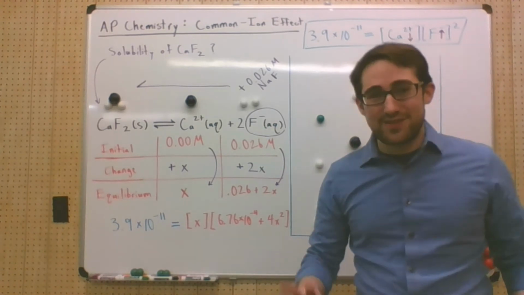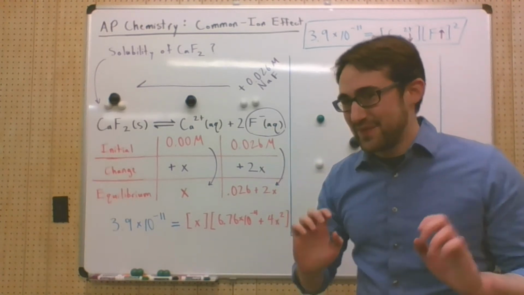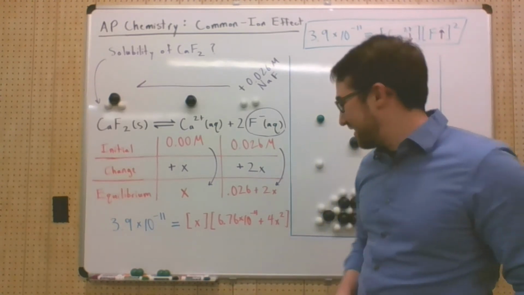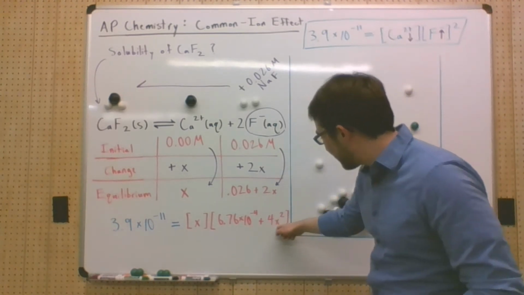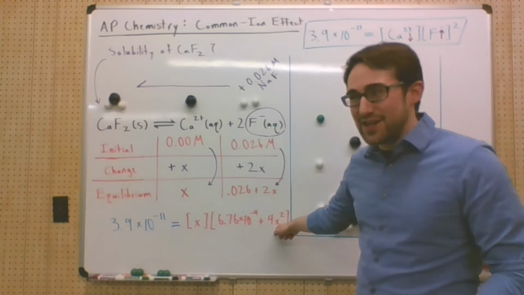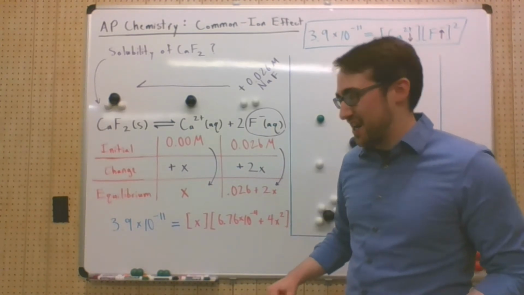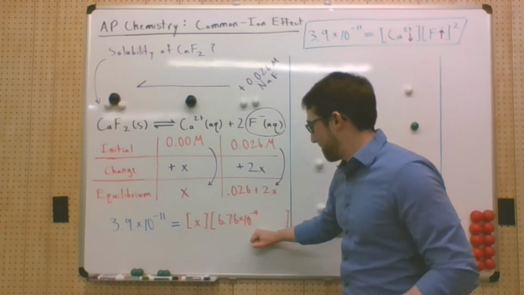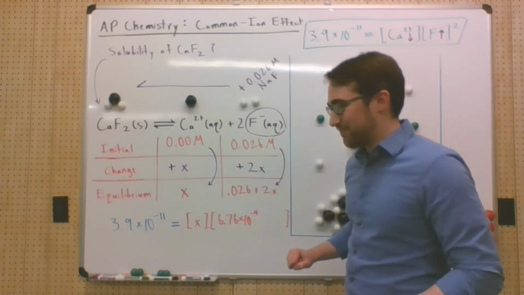So to make the math way easier, and also to kind of be real with it, this plus 4x is not really going to do much for us. So we can kind of just get rid of it.